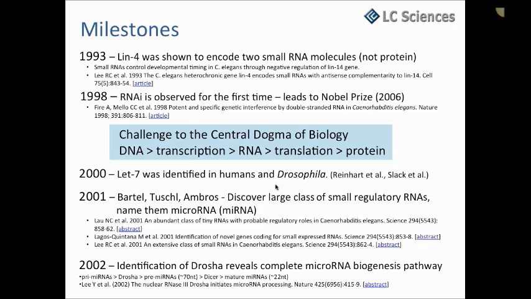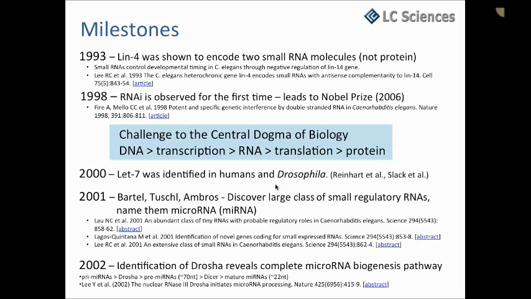Yeah, and as I mentioned, this whole research from '93 to '98 really challenged the central dogma of biology, which said basically that DNA gets transcribed into RNA, and then the RNA has no other function than being translated into the protein. In 2000, for the first time, microRNAs were identified in humans and Drosophila.